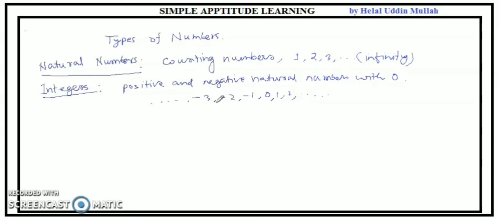The sum, product or difference of two integers is also an integer, while the division of two integers may not be an integer.